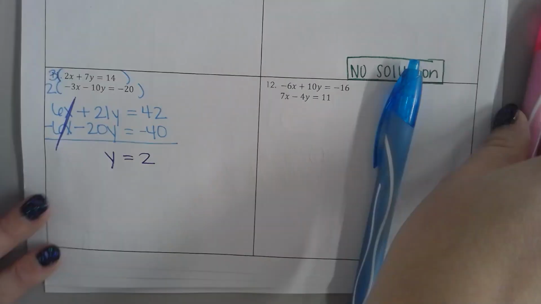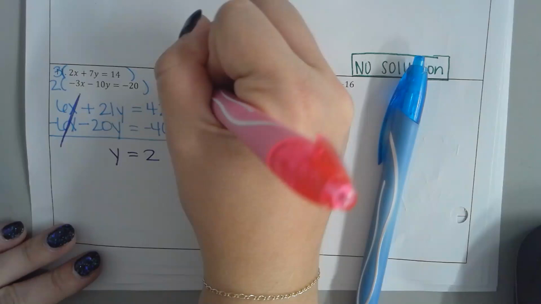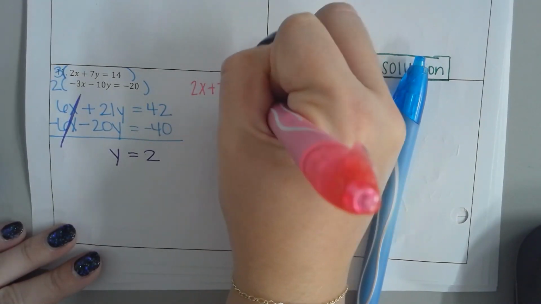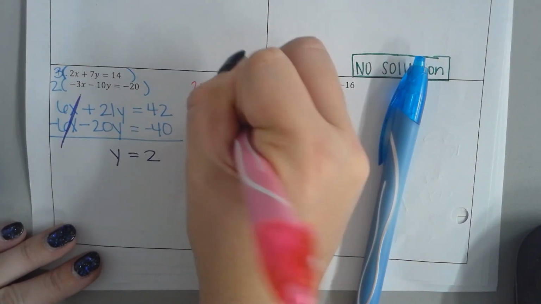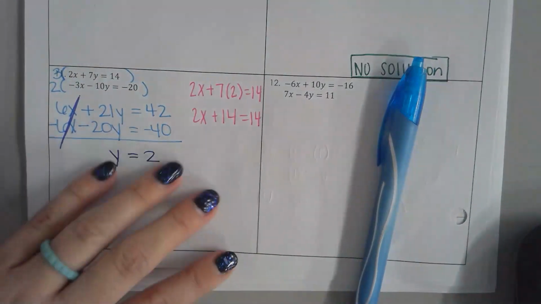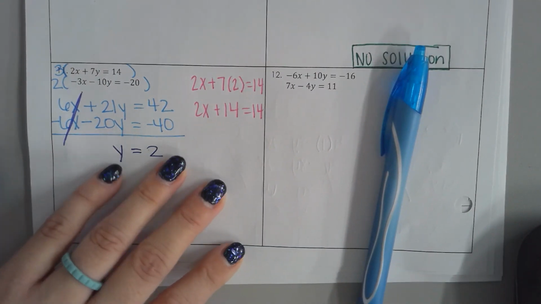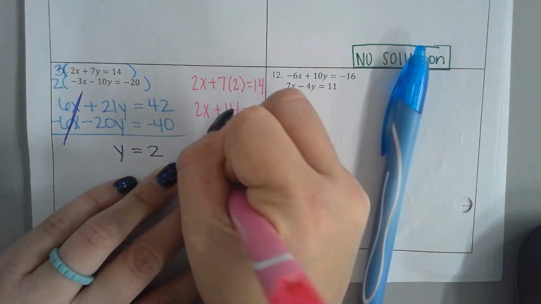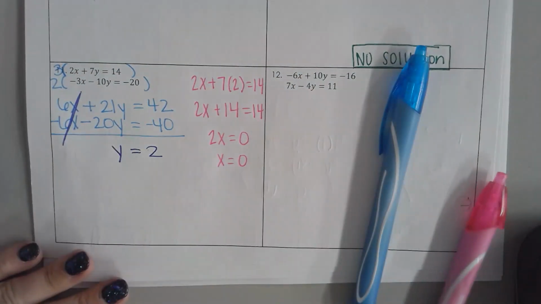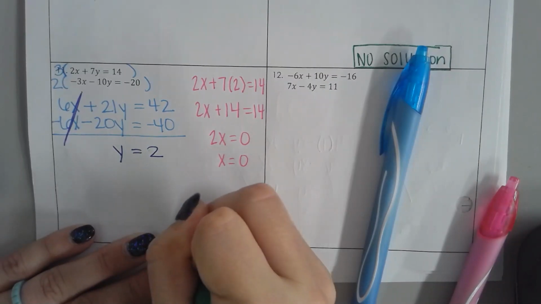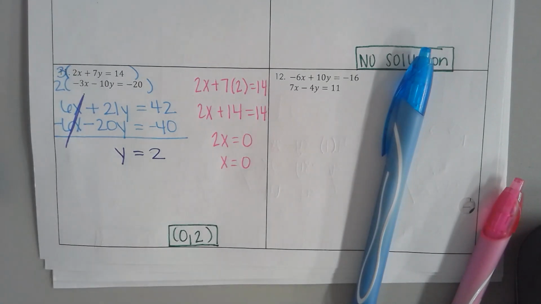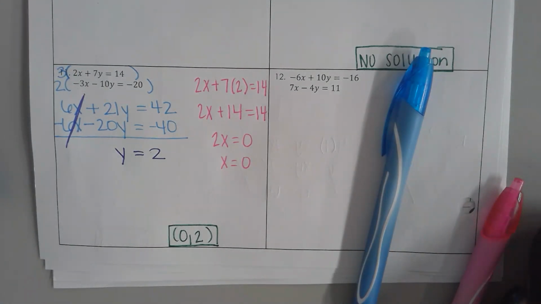So y equals 2. And then plug that back in. Solve for x. And you get the point 0, 2.